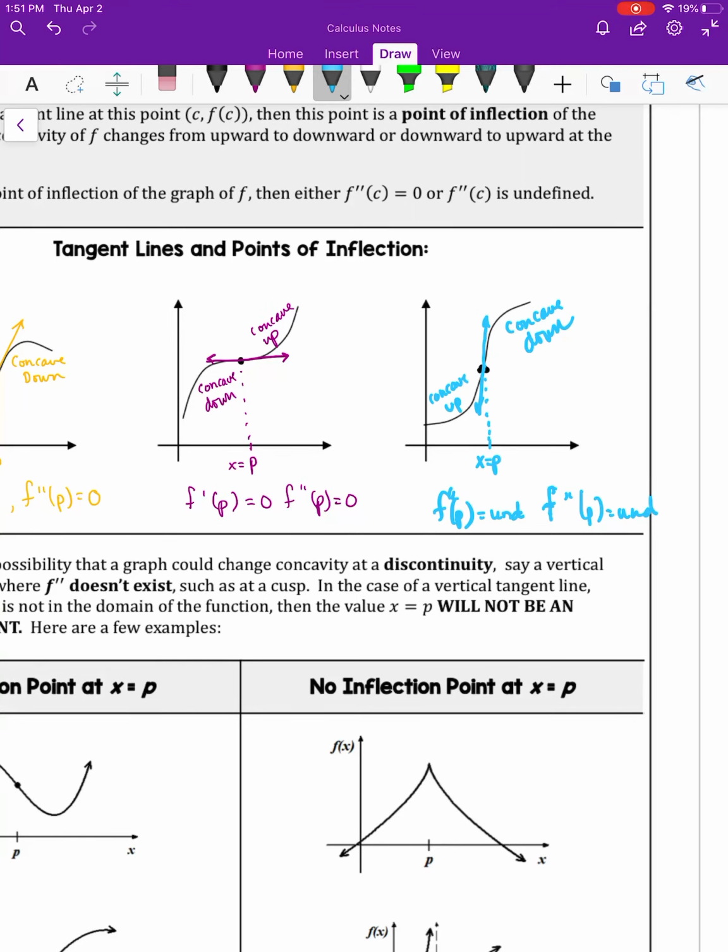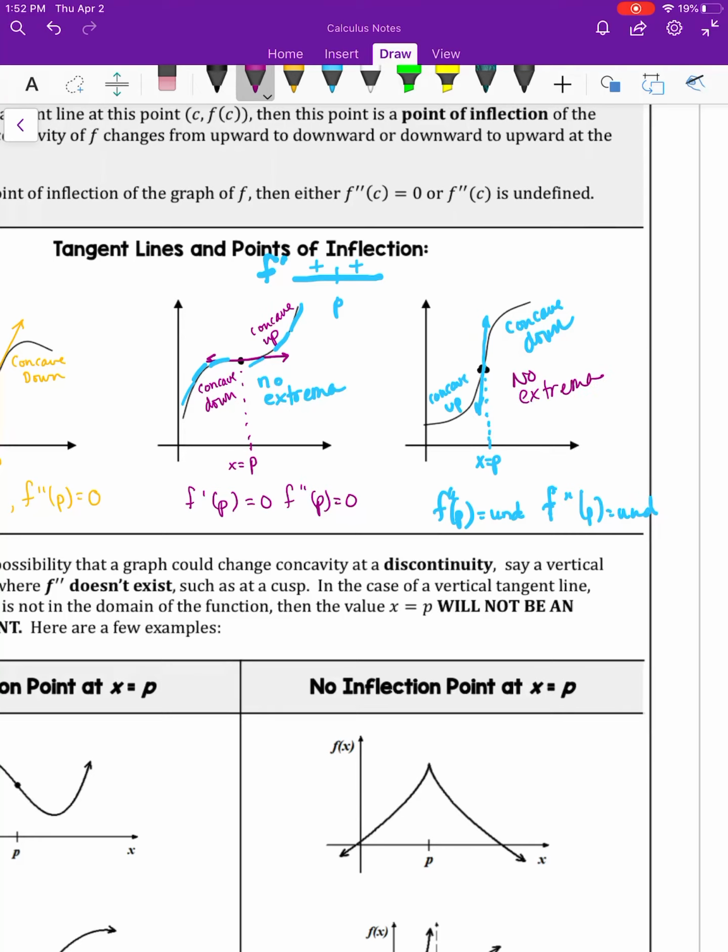So all of these had no extrema here. Remember, when you've got f prime of p equals 0, sometimes you have an extrema and sometimes you don't, because the slopes of your tangent lines were positive, positive, positive, went to 0, but then were positive, positive, positive again. So on your first derivative, when you had p here, you went from positive to positive. So there was no extrema there. Here, there was also no extrema. I'm going to do a different color.